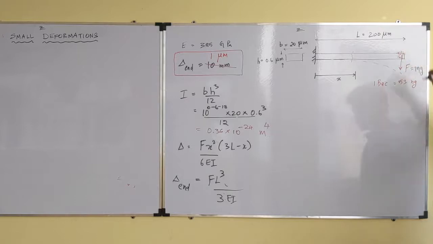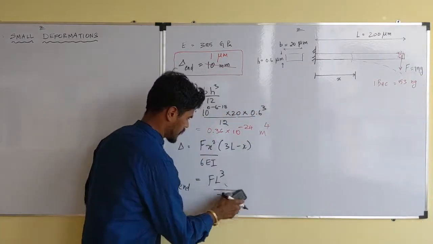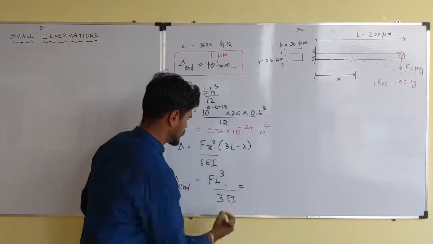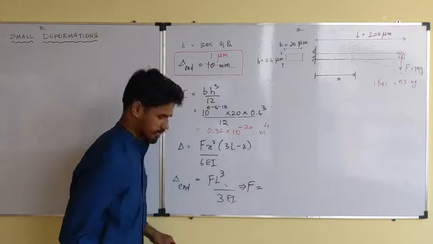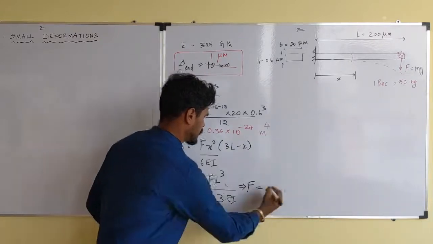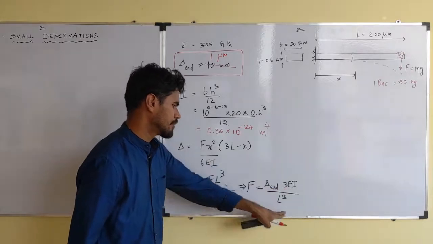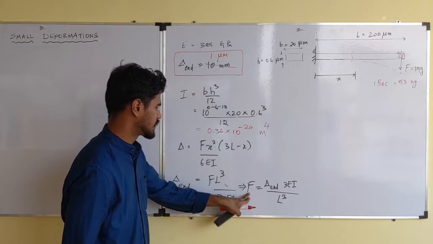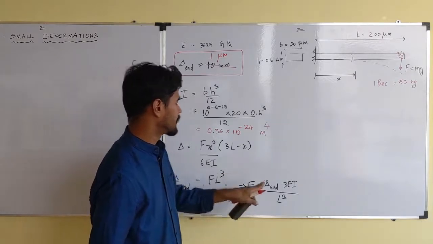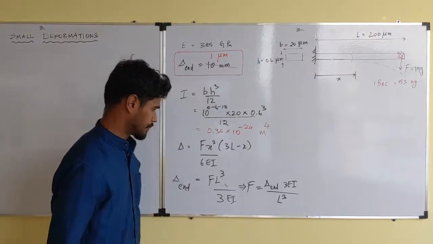With that, this implies the force that we want to estimate is F equals delta n times 3 EI by L cubed. Now we can calculate the force that created this particular deflection that's given over here.